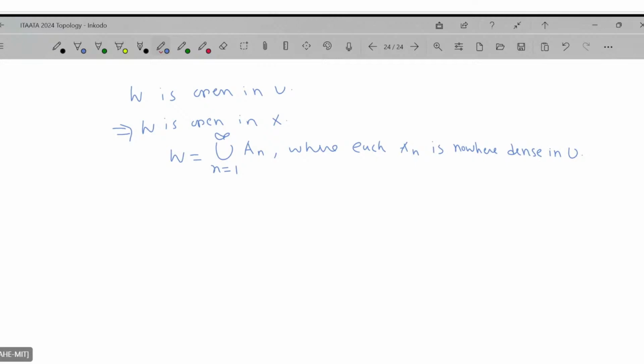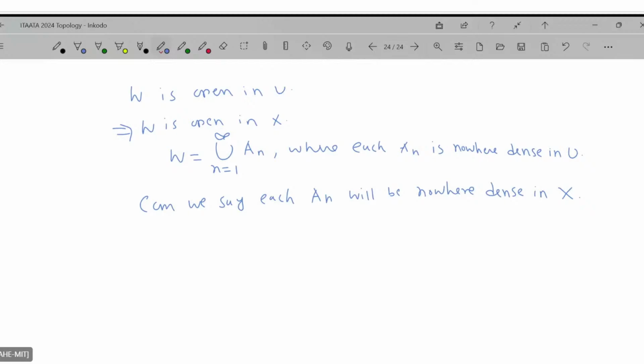Can we say that AN is also going to be nowhere dense in X? Can we say each AN will be nowhere dense in X? U is given as an open set.